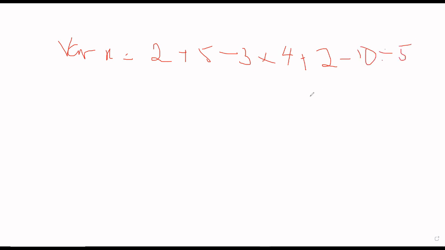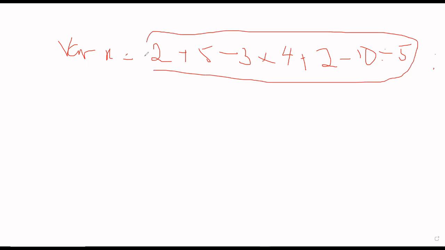When you are given a variable x equal to 2 plus 5 minus 3 times, let's say, 4, plus 2 minus 10 divided by 5, for example, you have to use PEMDAS or the BODMAS precedence rule and resolve this expression into a single value, then assign that to x.